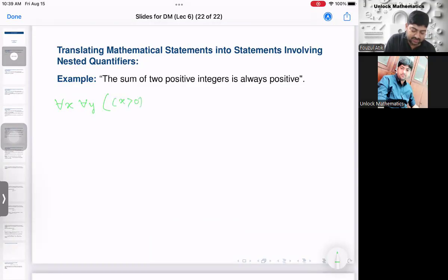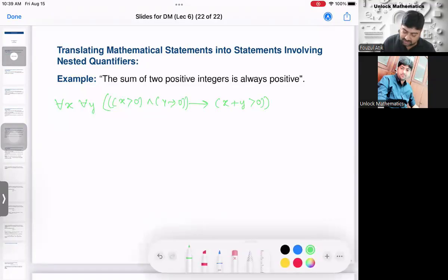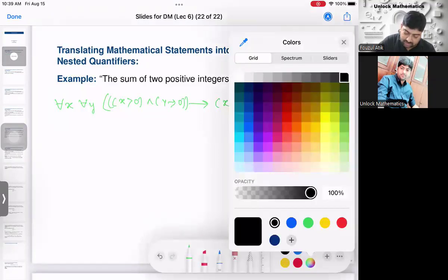If x greater than 0 and y greater than 0, then both of them together will imply that their sum is also greater than 0. Correct? So this way you can write. I think this color does not look good. I'll take a little deeper color.